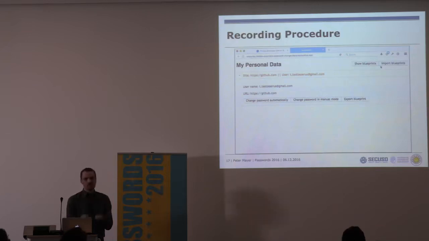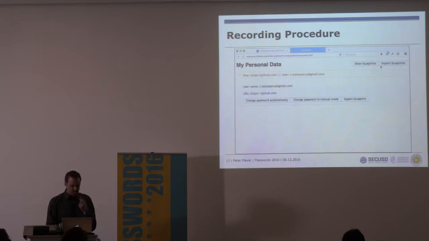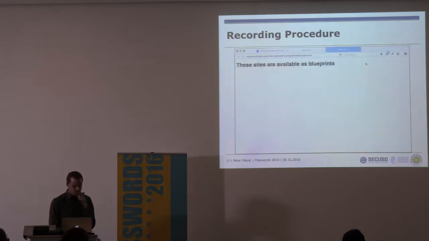When he then submits this form, the rest of the blueprint is executed. And we have this export functionality in the prototype, which is basically exporting the blueprint to the desktop to save it. We can also look at what blueprints are available in the system, and currently there are none.